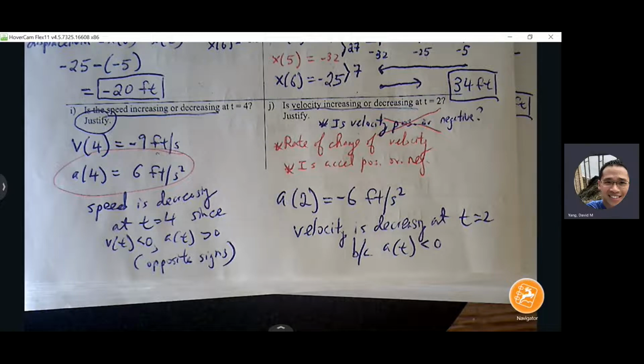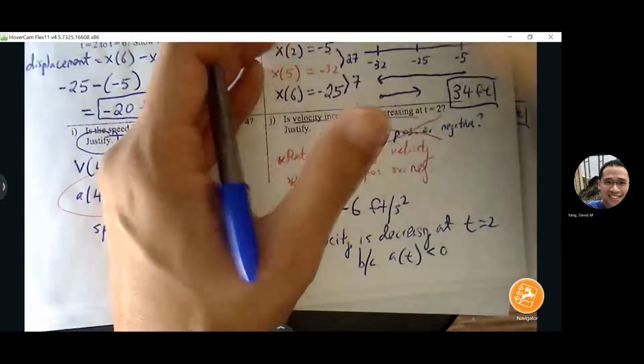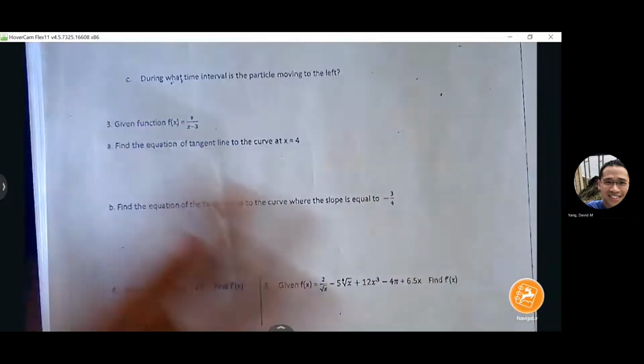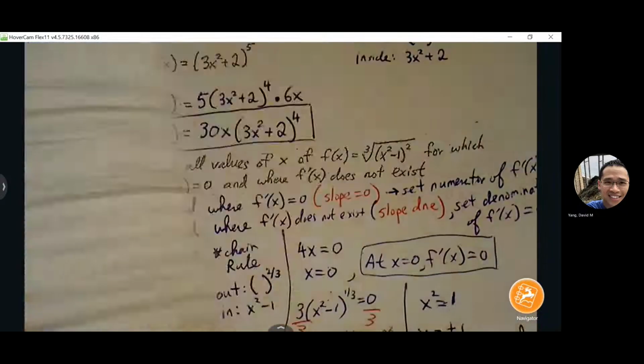All right, let's start our today's topic, which is chain rule. Okay, page 29.